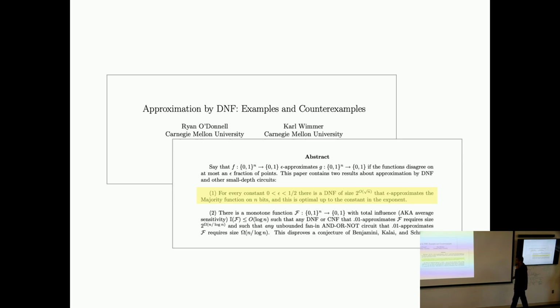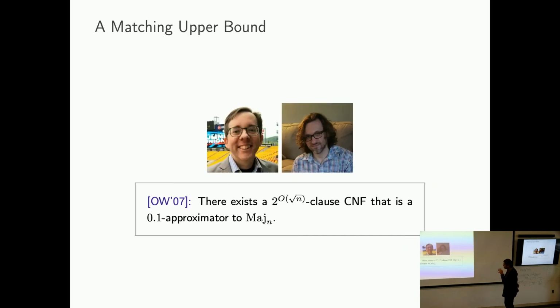They show that for any constant, for us epsilon 0.1, there's a CNF of size 2 to the root n that approximates majority. It's a non-trivial probabilistic construction. So, repeating in larger font, there exists a sub-exponential size approximator for majority.